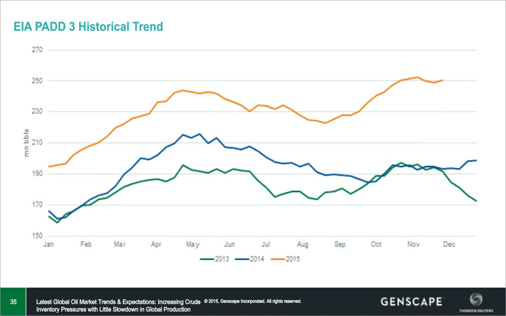So part of that has been with the build out of storage capacity along the U.S. Gulf Coast as well. But just looking at the last 2 years, and even last year we were talking about really high inventories, yet we're over 50 million barrels higher than that right now.